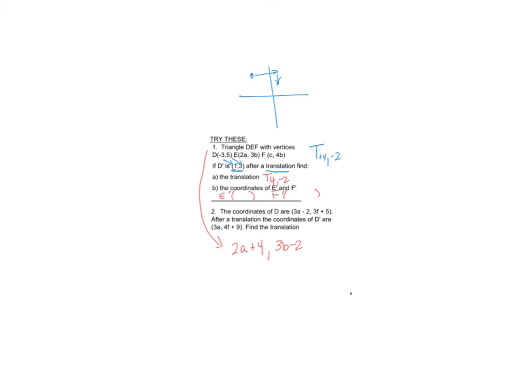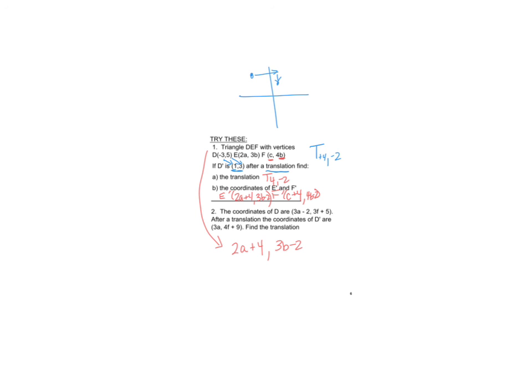I can't combine that or anything, so that's going to end up being my final answer. It's going to be (2A + 4, 3B - 2). And then I'm going to do the same thing to my F prime. It's going to be (C + 4, 4B - 2). I'm literally just taking this, adding 4, this, subtracting 2. Sometimes I can combine terms, so always look for that.